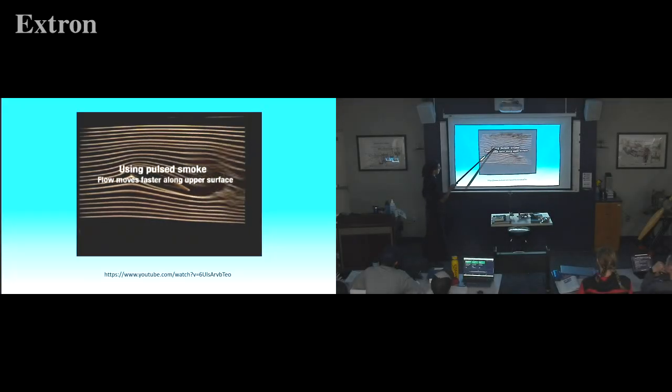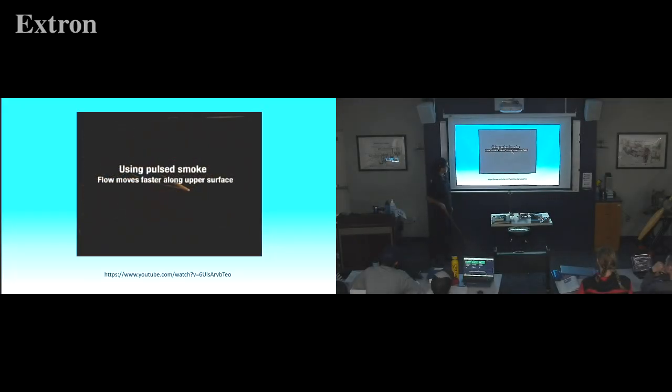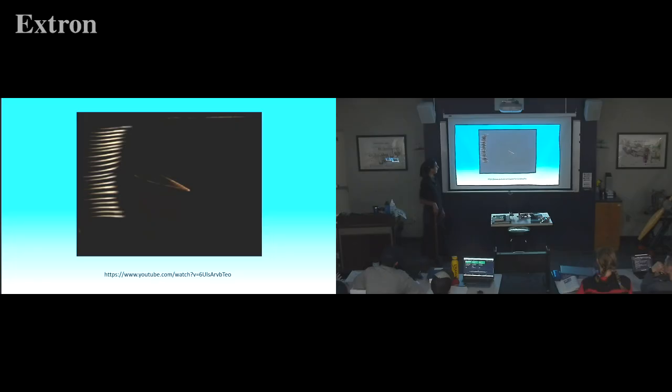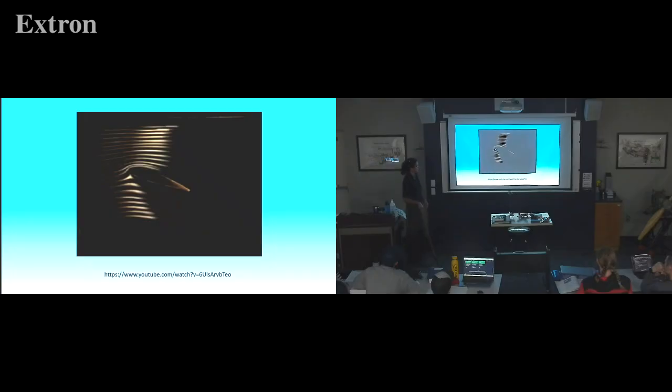You can see the air is nicely attached. Here they'll slow this down. You'll be able to see that the air going over the wing does increase velocity.